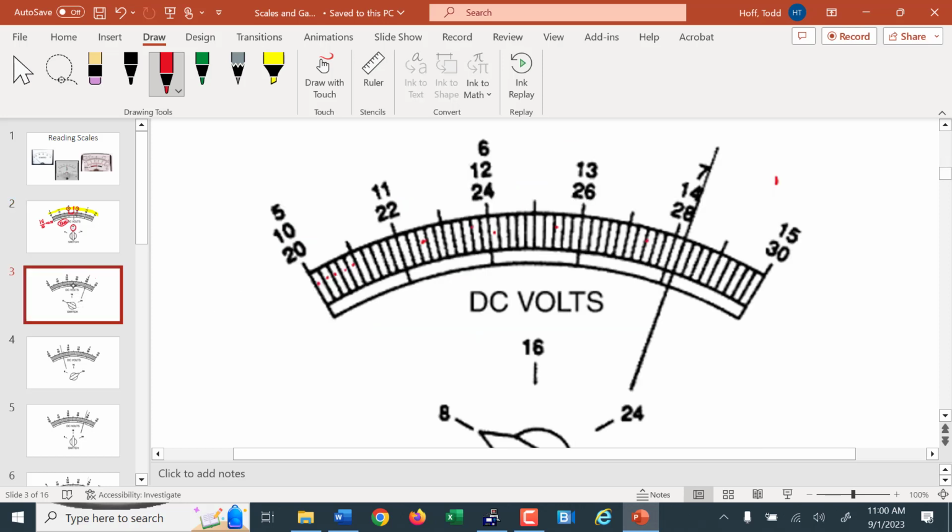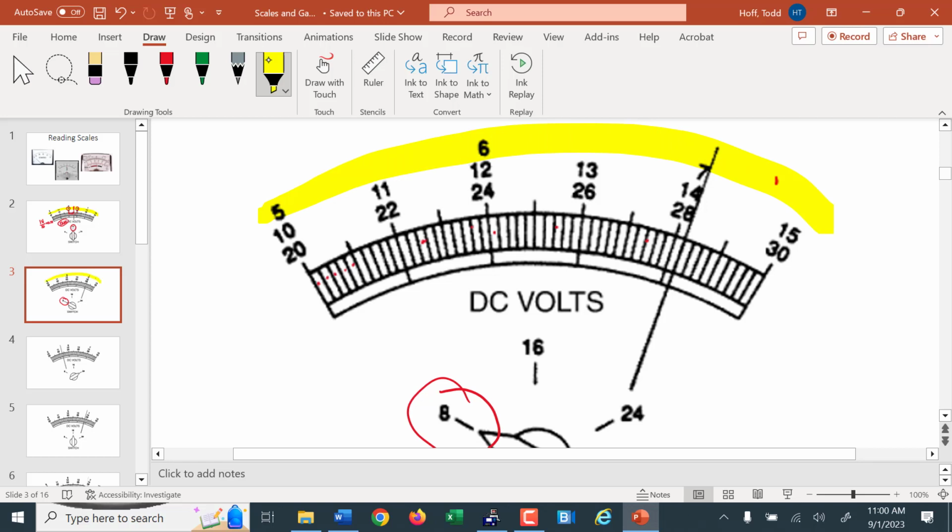But when we get to this one, it gets a little more complex. We're on the 8 here, which means we're going to read the smaller set of numbers, the top set. So there, from 6 to 7, there is 1 volt. How many spaces? Well, 1, 2, 3, 4, 5 spaces. To here, I know each of those is 5 spaces, so this will be 10, 15, and 20.